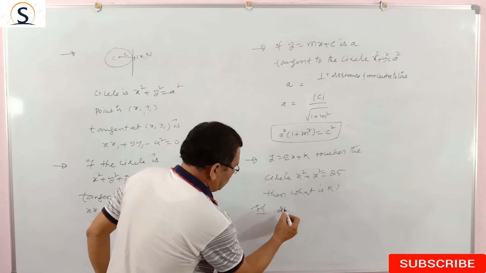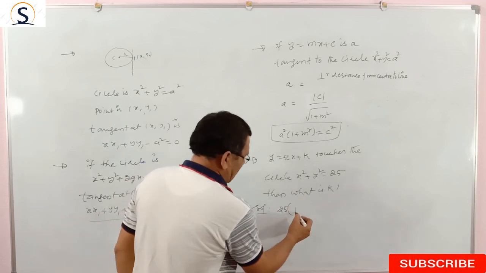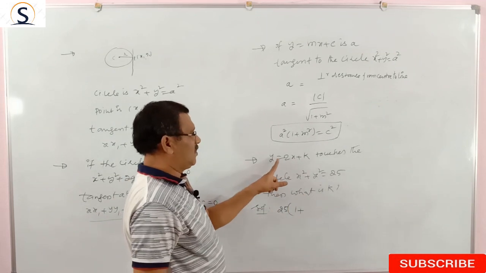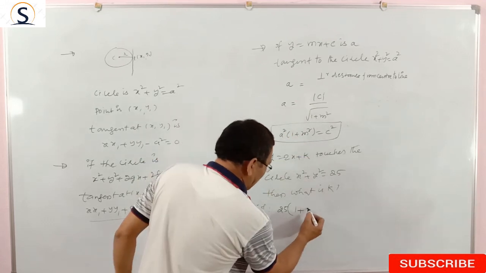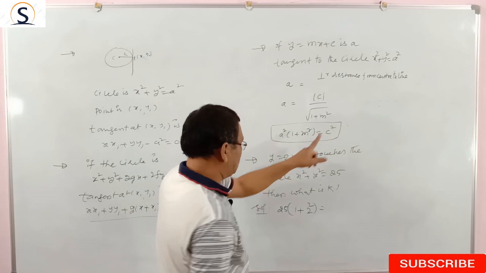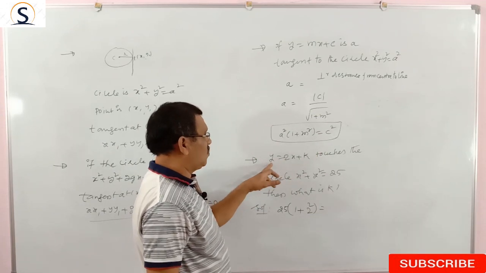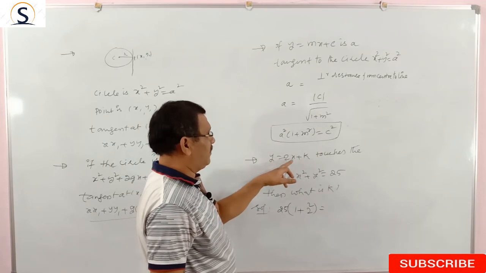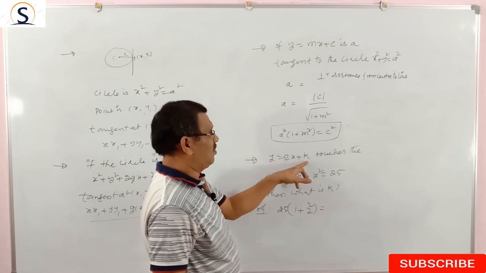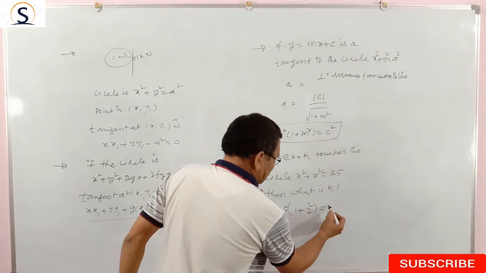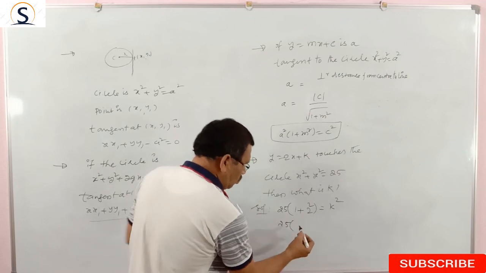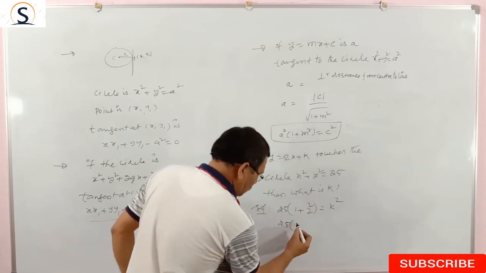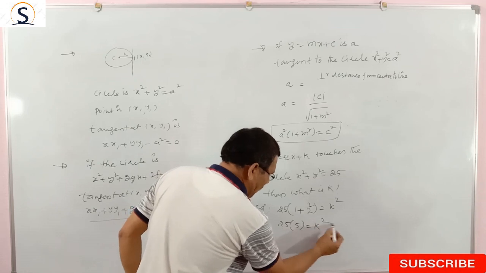So, a square is 25. Using the condition, y is equal to mx, means m is equal to 2. So, a square into 1 plus m square is equal to c square, and y is equal to mx plus c, no? c is equal to k, that is k square. So, 25 into (1 plus 4), that is 5, is equal to k square.